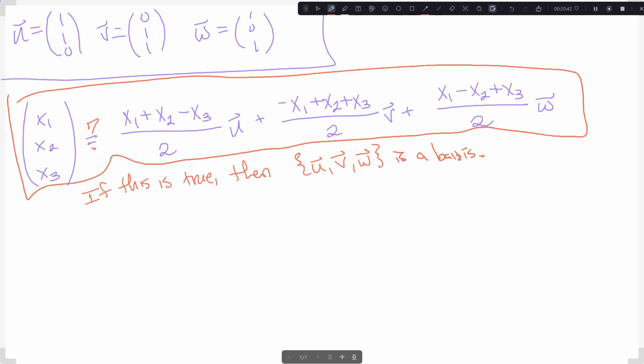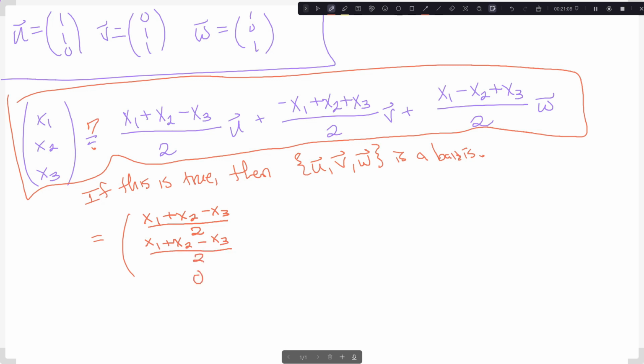So I'm gonna represent the right hand side as, well, (x1 plus x2 minus x3) over 2 on u, because u has 1s in the first two entries, gives me (x1 plus x2 minus x3) over 2, and then it gives me (x1 plus x2 minus x3) over 2, and it gives me 0 in the third entry.